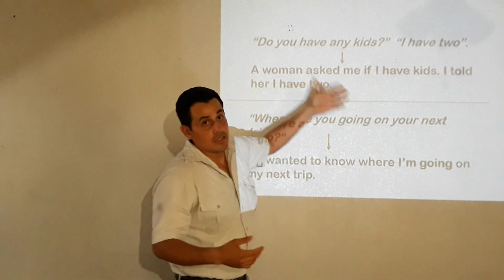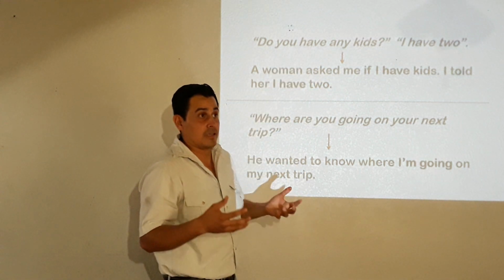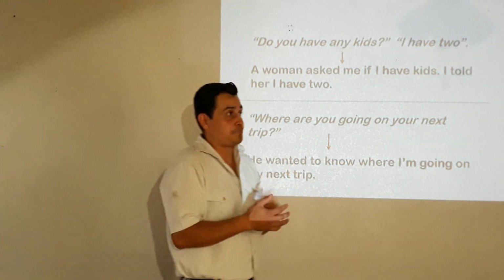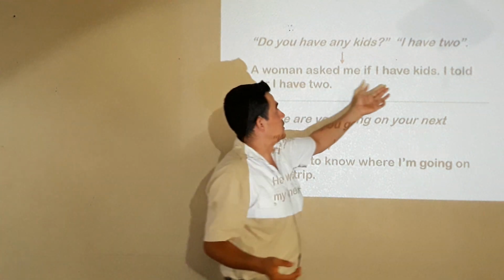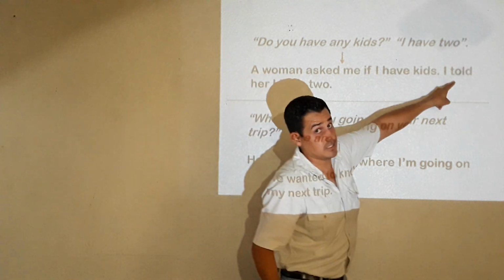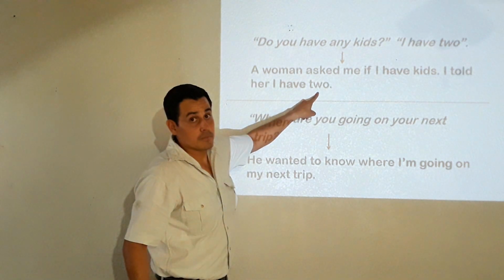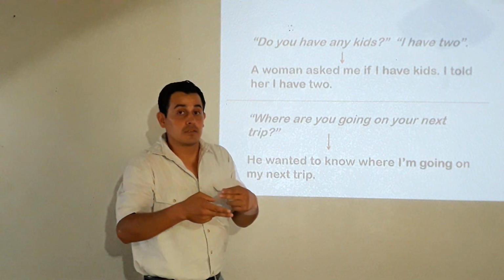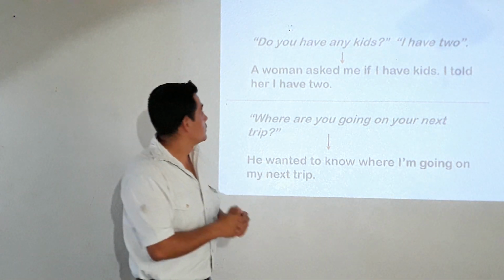Well, in this case, since the information is still relevant and is still personal and interesting to us, we use the present. If I have kids, I told her, in this case, this is the past, but then her, I have two. We go back to the present. We don't change it all to the past because it is still relevant.